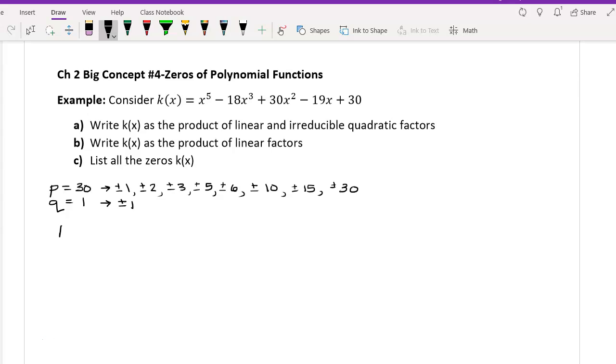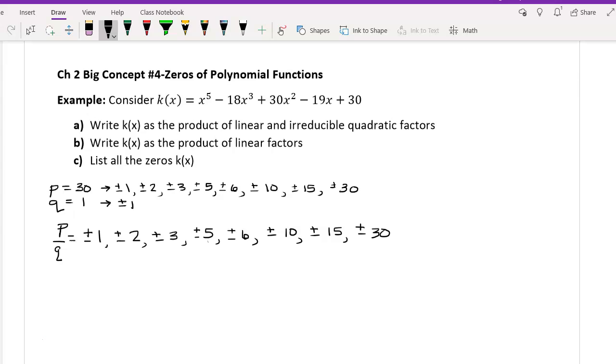So when we have our p over q, we have quite a lot of factors to look at: plus or minus 1, 2, 3, 5, 6, 10, 15, and 30. So right there we have 2, 4, 6, 8, 10, 12, 14, 16 possible rational real zeros that we could use with our substitution.